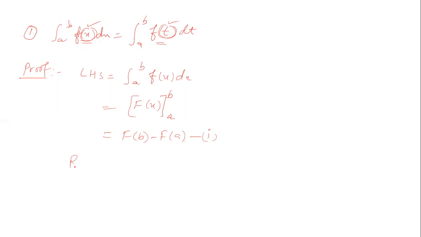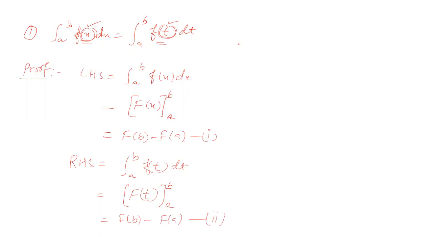Now taking RHS, RHS is integral from a to b of f(t) dt. Say the antiderivative of f(t) is capital F(t) and the limit is b to a. It would be F(b) minus F(a). Say this is equation number 2.